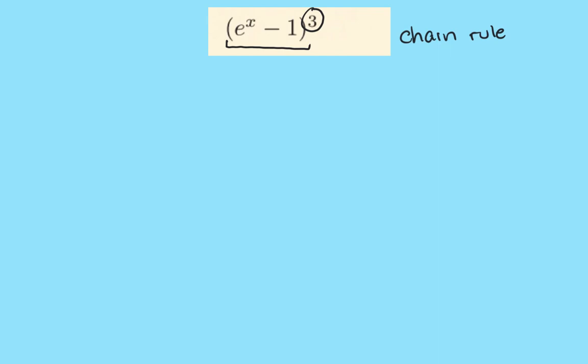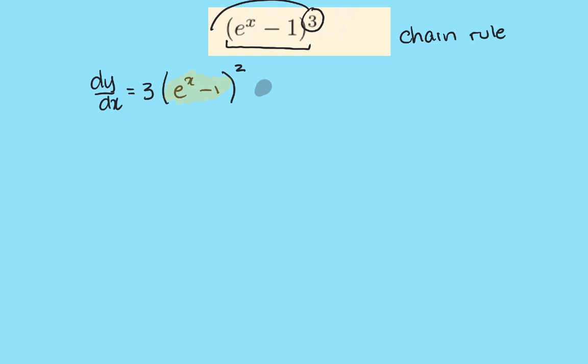So dy dx, we're going to bring down that power, bring down the 3, keep that inner function, decrease the power, and now differentiate what's on the inside of that function.